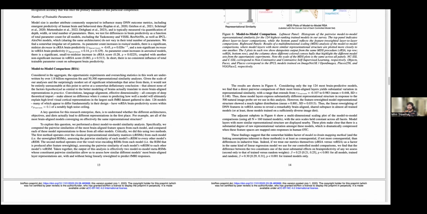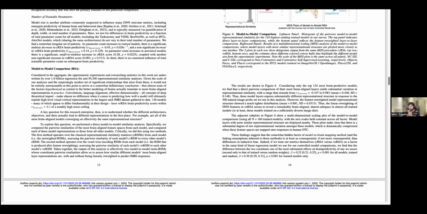Because as I mentioned before, 31% of the variation across the voxels in the NSD dataset is being explained by CRSA, but over 79% is being explained by the ERSA. So it's definitely the reweighting. I need to get deeper into what reweighting actually is and how it works, but it is playing a major part in explaining the variance across this NSD dataset. And that's what the whole paper is all about.